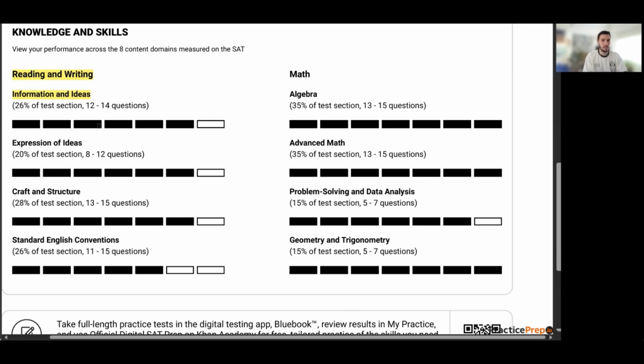How well you understand information and how many ideas you can create based on the text that you have read. Then, expression of ideas. How well you are able to express ideas or help the author express ideas in written text. Sometimes we watch a video and we don't understand it at all.